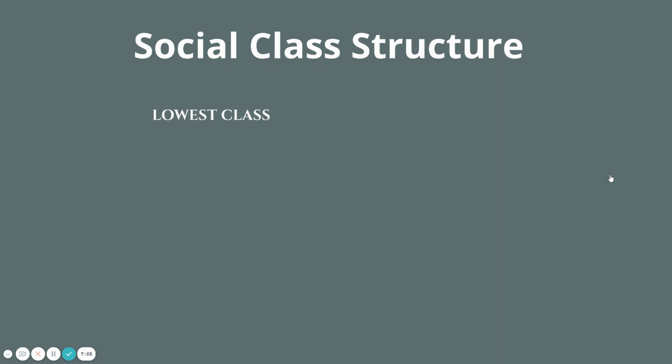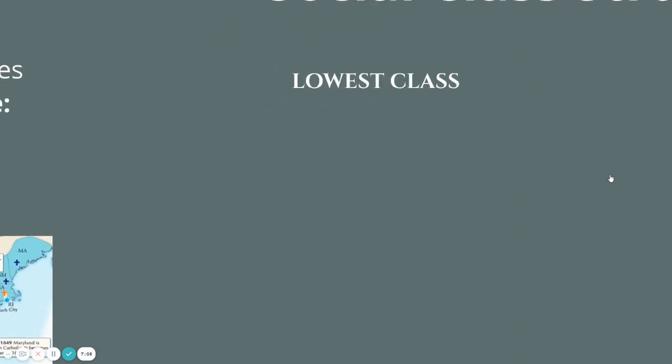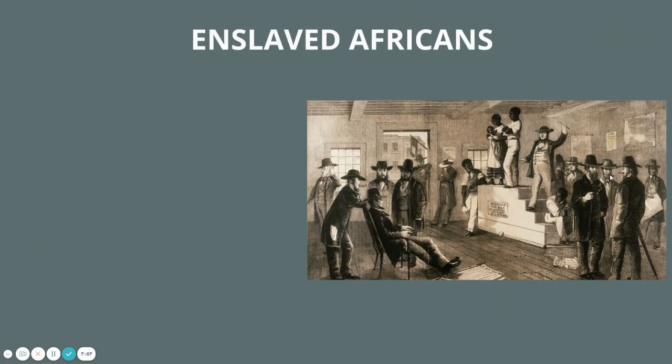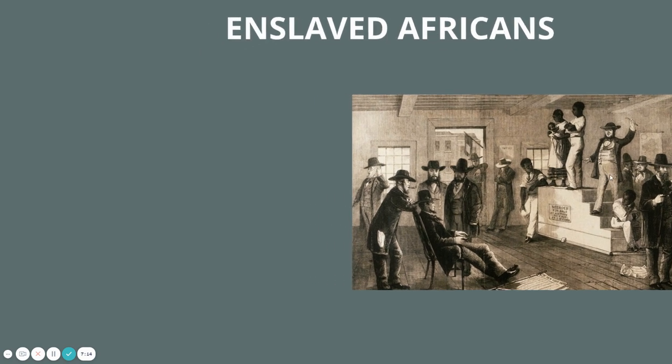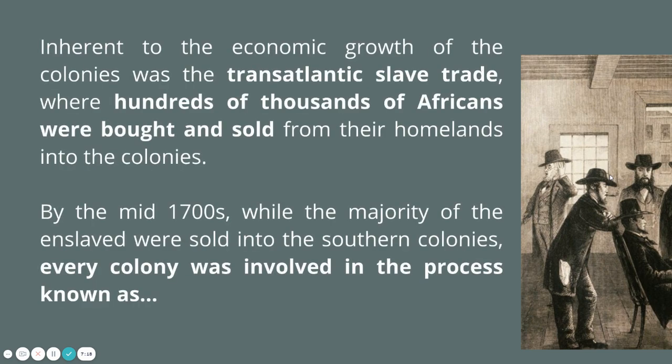So beginning with that lowest class, the very bottom of that social class pyramid, we really had two general groups. The first and really the lowest of the social class structure were those enslaved Africans. And as we also discussed in class, the enslaved Africans' story really begins, of course, in Africa, sold by different African chieftains who were all looking to gain more power, more influence within their region by getting access to European trade goods, which would help them dominate their space.